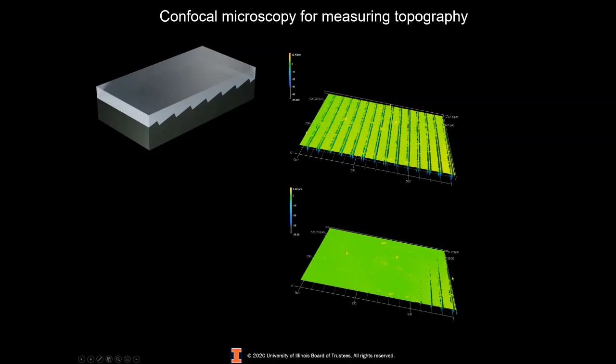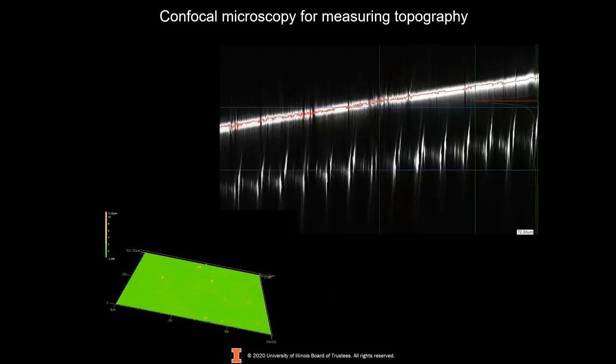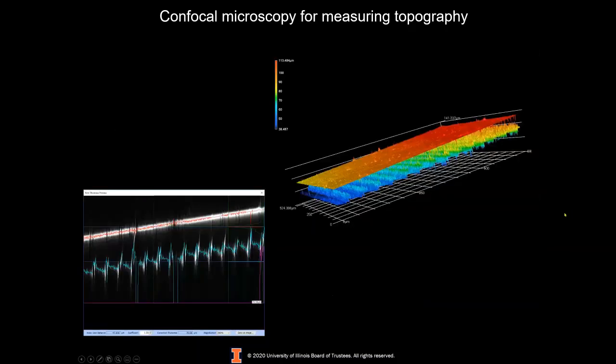In those cases, what we need to do is inform the software that our sample is a film, and the interface signal then will be ignored, and we can get the correct surface topography of the top surface. Even better, we can tell the software to capture both the top surface topography and the interface topography.